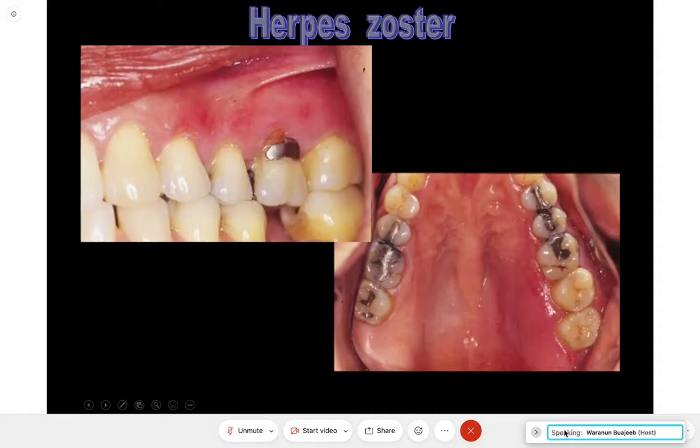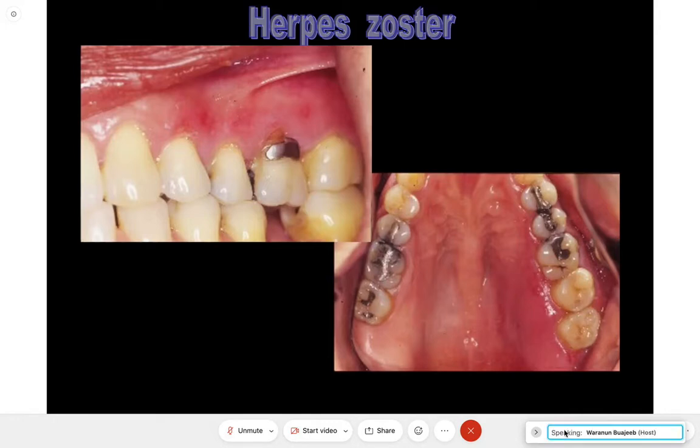skin lesion. So in this case, it's very difficult to diagnose whether it's herpes zoster, because herpes zoster affecting the second and third division of the trigeminal nerve may appear on just one side, as skin lesions or oral lesions, or both skin and oral cavity.